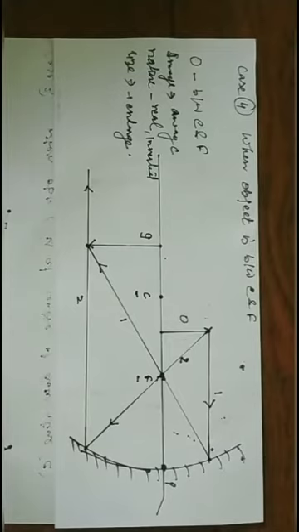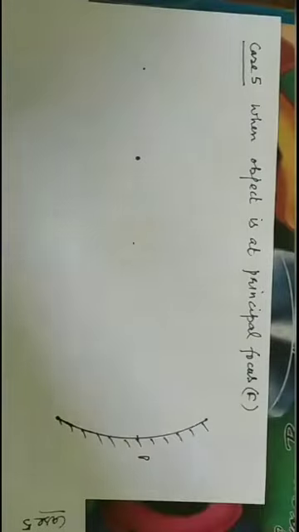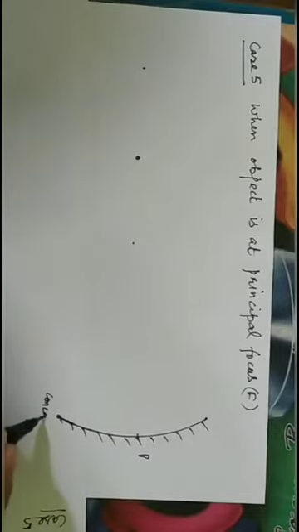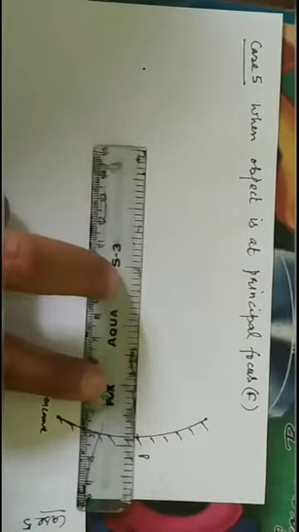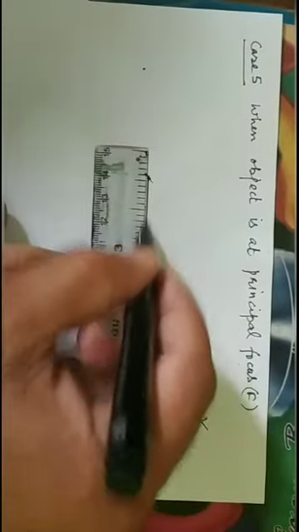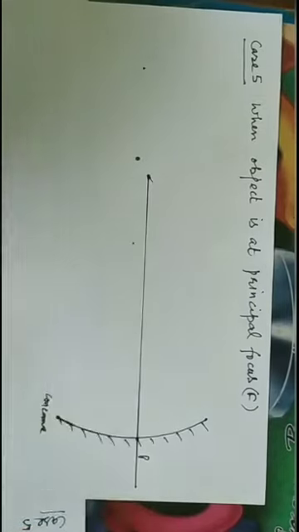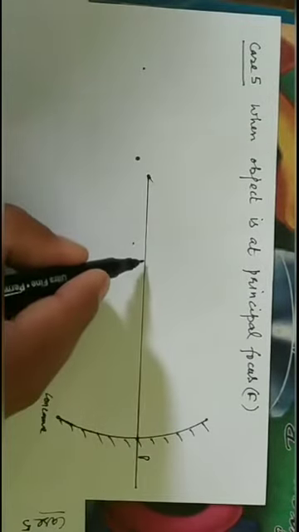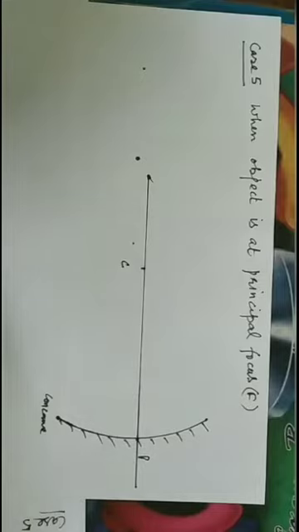Now let us discuss the fifth case, when an object is at the principal focus. So it is our concave mirror, and the center point of the mirror is known as the pole, and a ray passing from pole to center. I draw a horizontal line here. So this is your principal axis. C is the center.